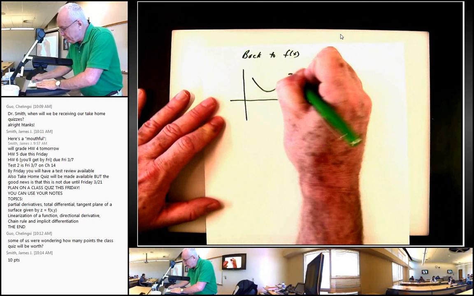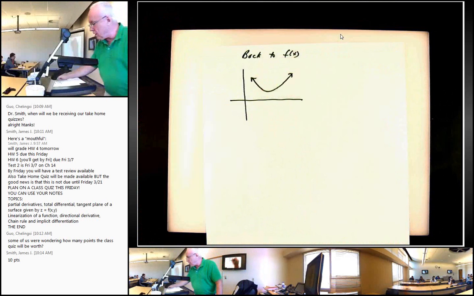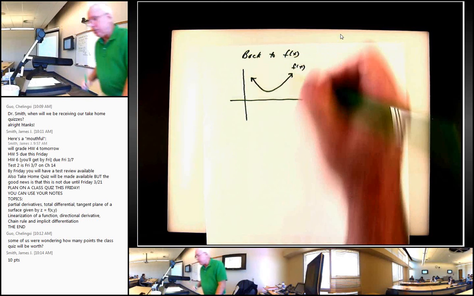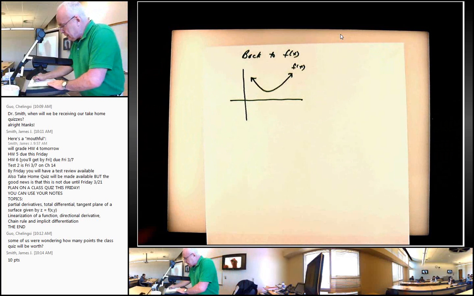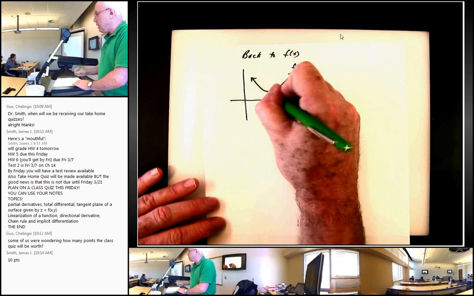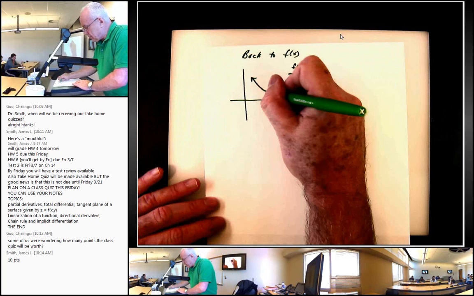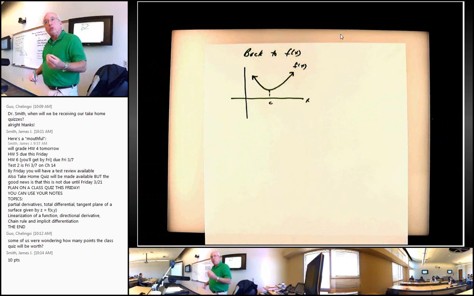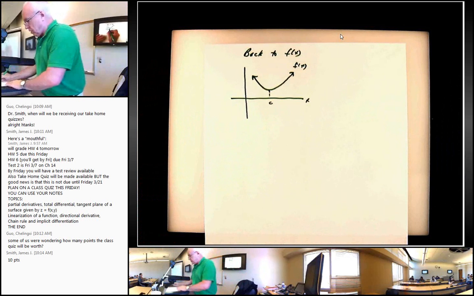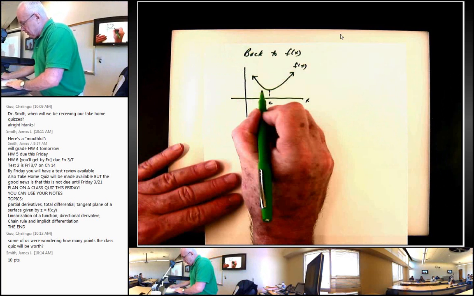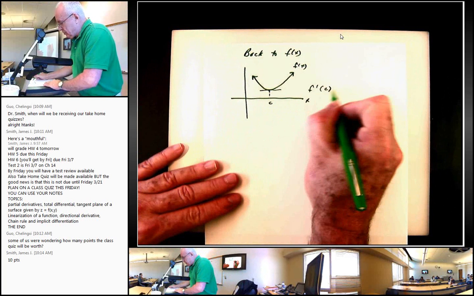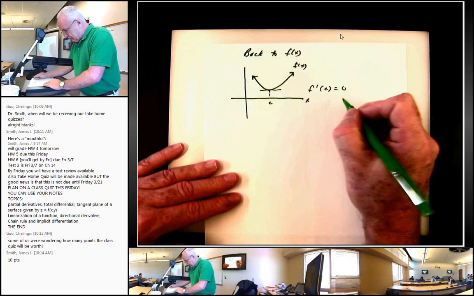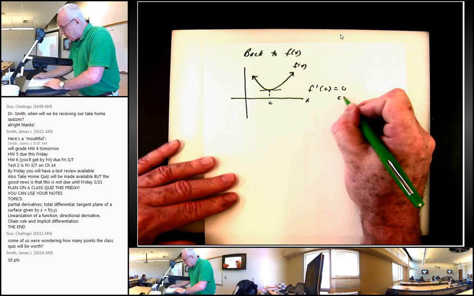So this is our graph of f of x. Right down here at the bottom, let's call this where x is equal to c, we certainly have a critical point because the derivative is 0. So f prime of c is equal to 0, and so c is a critical point.